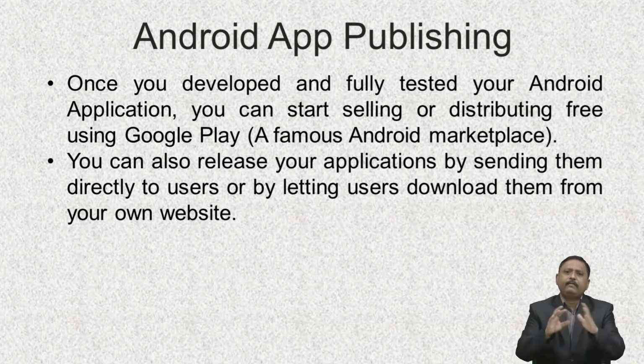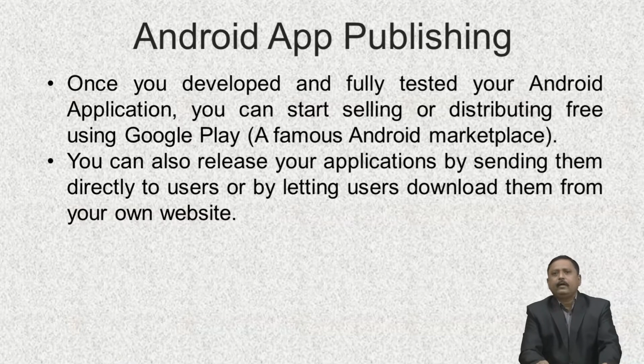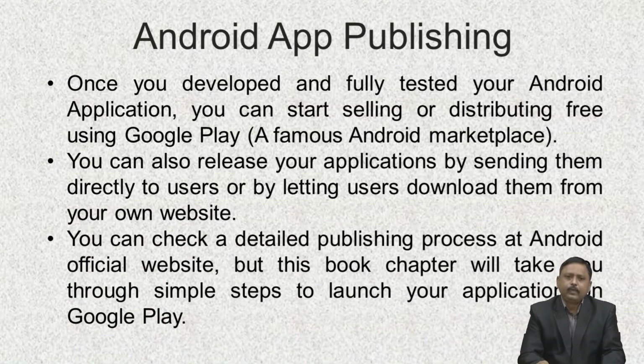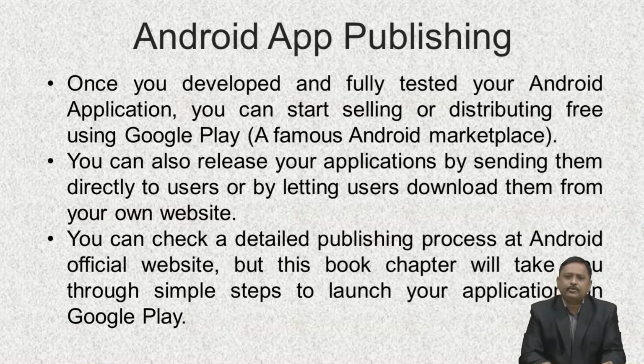So, these are the advantages of publishing an app on Play Store. But if you publish in the form of an APK file, then you will have to manually manage all this. You can check the detailed publishing process at the Android official website, but this session will guide you through simple steps to launch your application on Google Play Store.